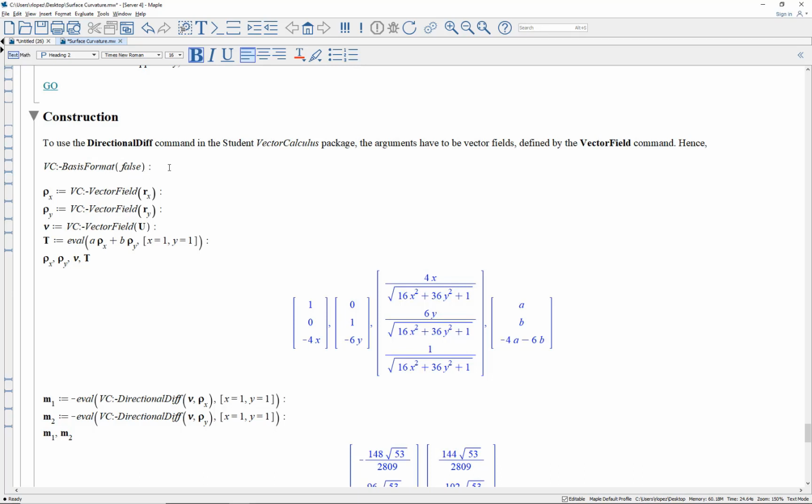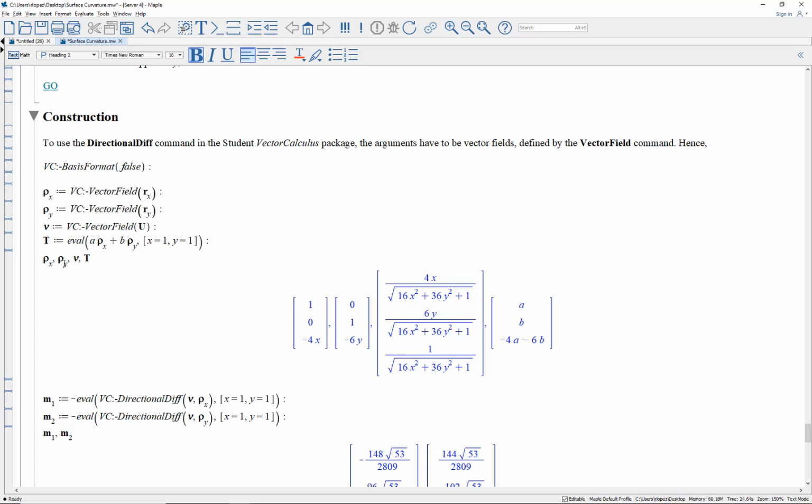This command says display vectors as column vectors. But everything has to be a vector field, so I have to redefine everything that I need as a vector field: Rx, Ry, U, and a tangent vector. And we'll work this tangent vector at the point 1, 1, 5.